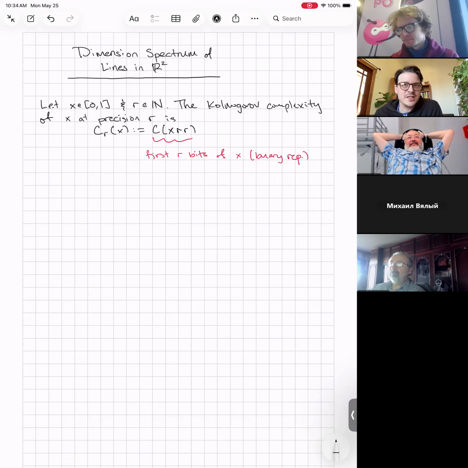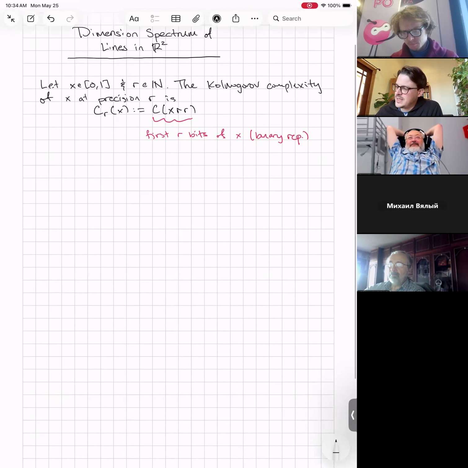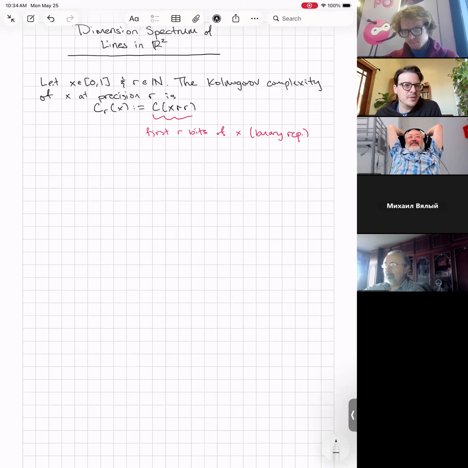You could also say that it's the closest dyadic approximation at precision 2 to the negative r. Any way to computably represent x up to precision r is all the same.